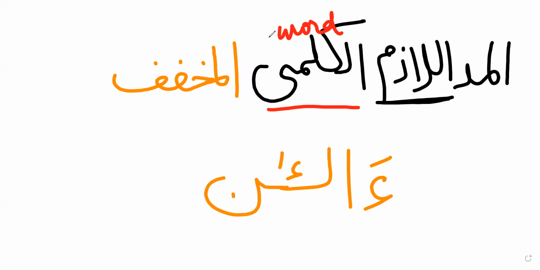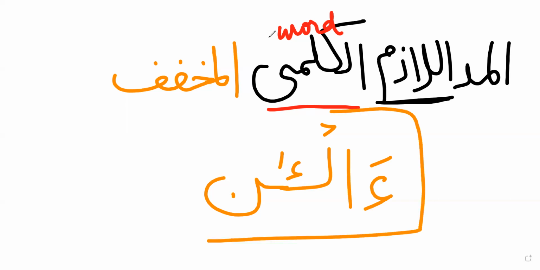Okay. Is this al-mad al-lazim, which means lazim means there has to be a permanent sukoon, which is an integral part of the word. Do you think this word can be called al-mad al-lazim? Can you see a sukoon right after the besti couple?